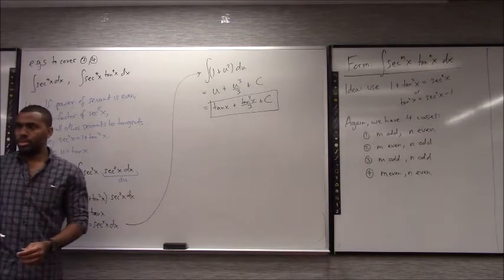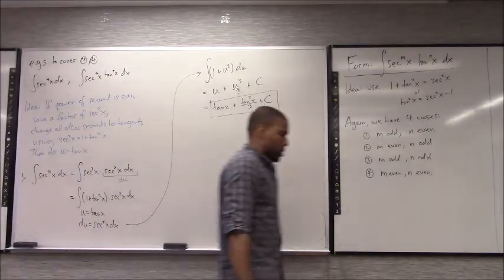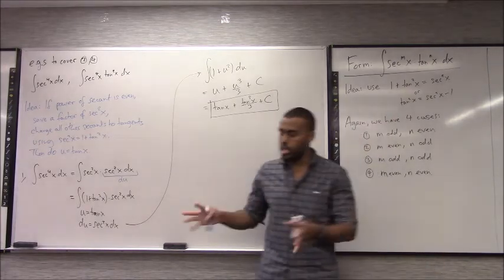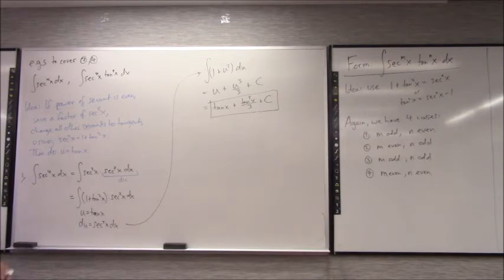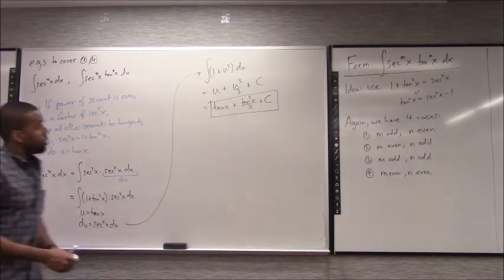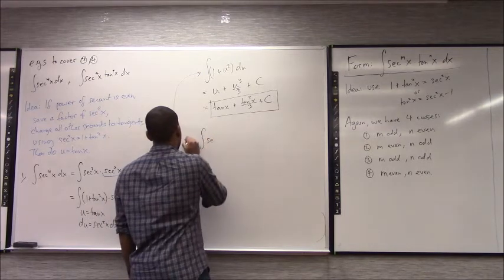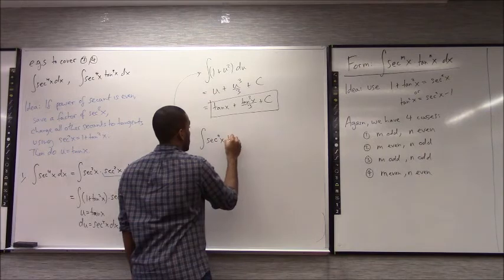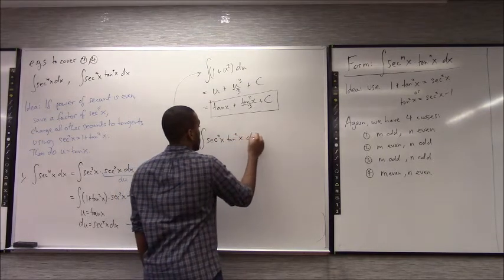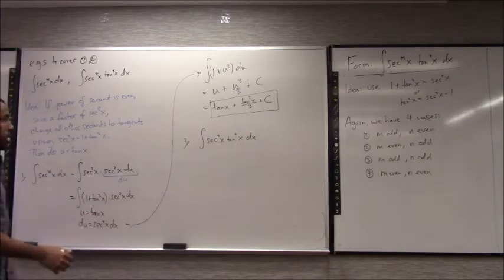Questions on that? I'm going pretty quick, but the strategy is pretty much the same as with sines and cosines. It's just that you're using the other Pythagorean identity. If I had secant to the 4th times tangent squared, or this could be any other power of tangent, it could be tangent cubed, whatever, you'll just multiply it out.